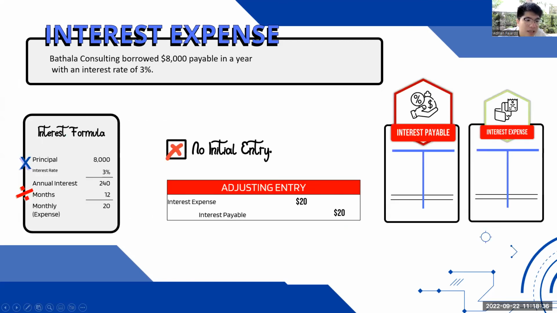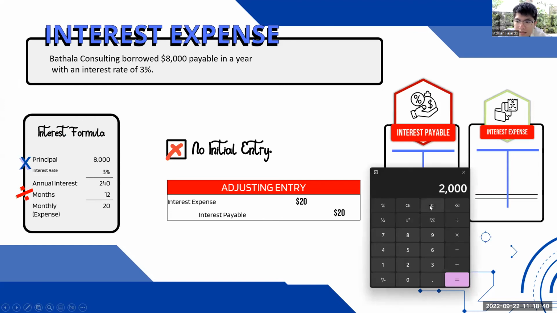So what is the formula? How did we arrive at 20? Basically, may principal tayo of 8,000. The 3%, and this is going to be helpful for you for all interest rates, the implication is that it's an annual interest rate, right? So 8,000 times 0.03, 240 yung annual interest expense mo, right?